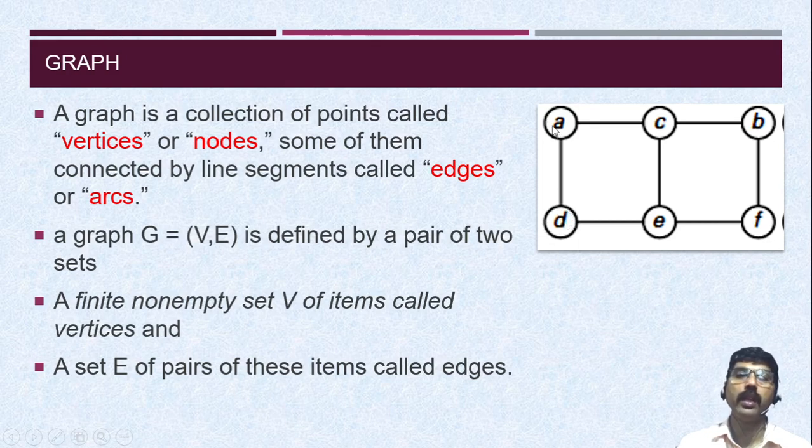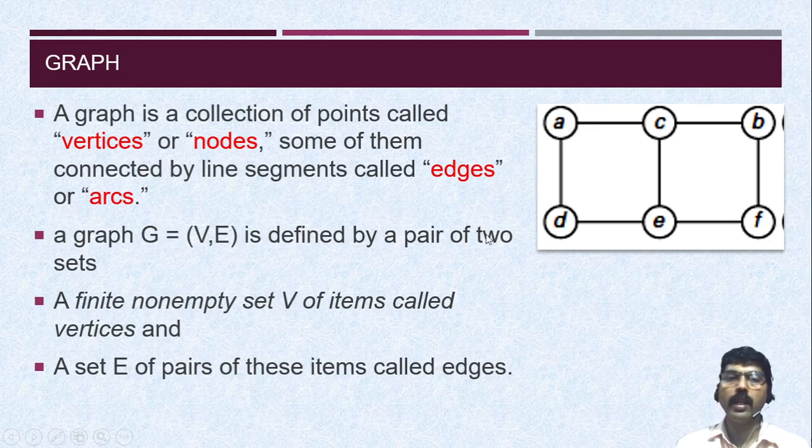For example, here A, C, B, D, E, F are the V. E is a set of pairs of these items, called edges. Here E indicates a pair of these vertices.